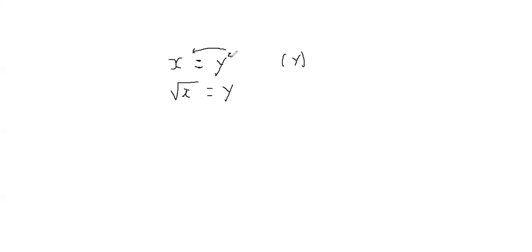So what we need to get rid of is the power, which is a 2, a square. When we take it over the equal sign, it becomes square root. So we need to square root whatever is on the other side, and that is x. So we square root x. Now y is by itself because we got rid of the square. So y is equal to square root of x. Understood?